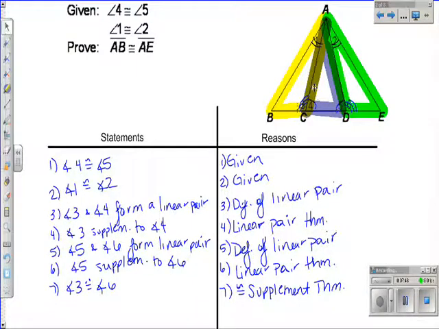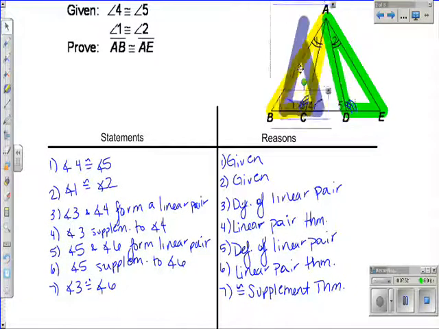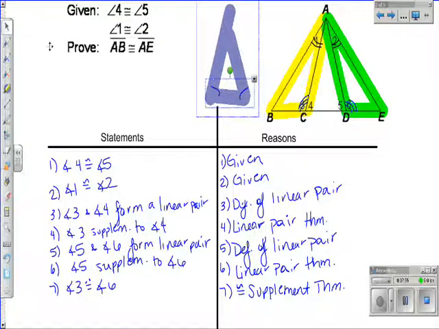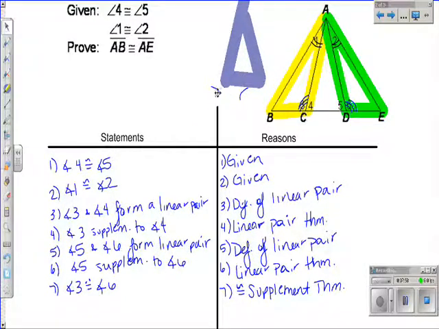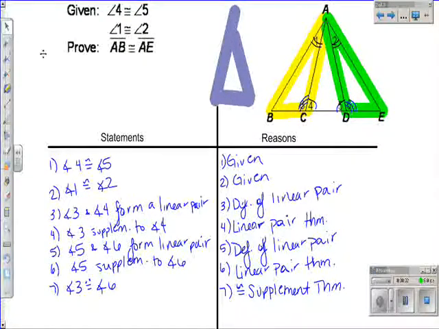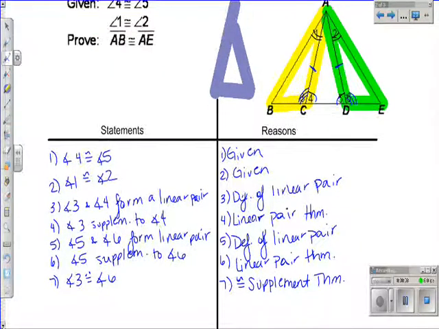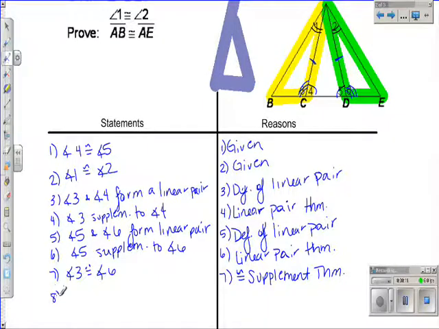By the isosceles triangle theorem, if these two base angles are congruent and that's its own triangle, then the sides opposite them have to be congruent.